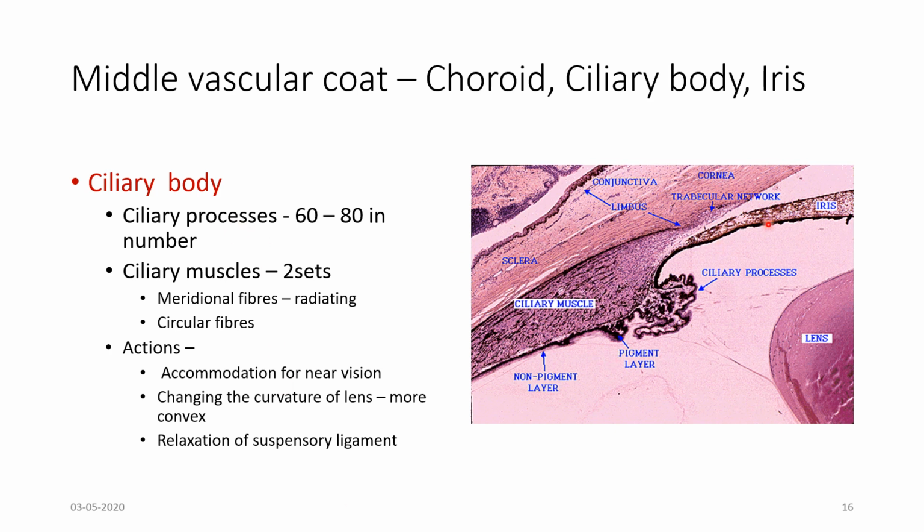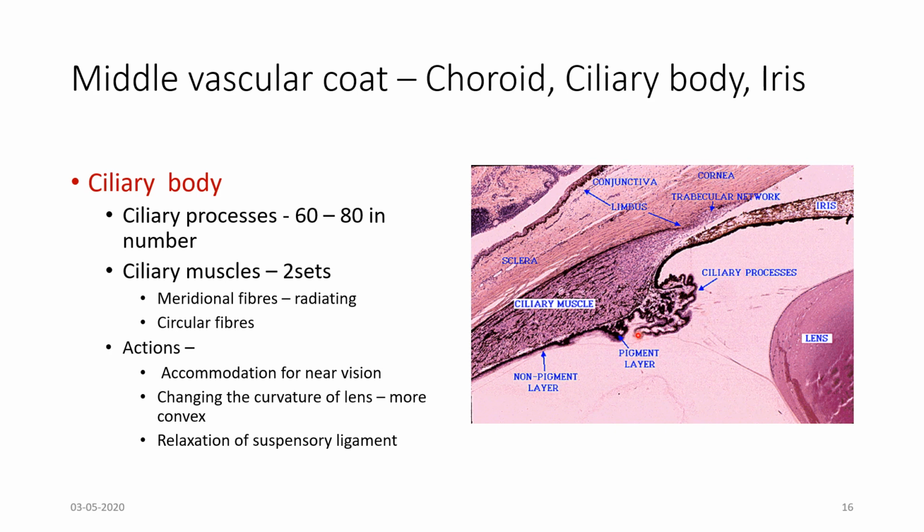This is the histological section showing the layers. You can identify the sclera, the limbus, the cornea. Then you can see the ciliary body containing the ciliary muscles. There are ciliary processes, nearly 60 to 80 processes will be seen.